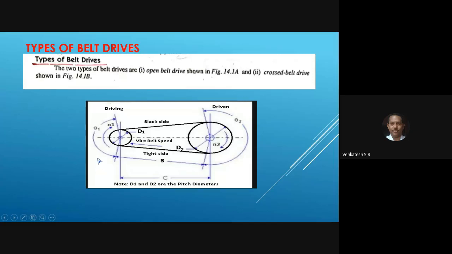So this is the velocity of the belt speed, VB. Diameter D1, diameter D2, slack side, tight side, driving, driven, contact angle θ1, θ2, speed N1 and N2.